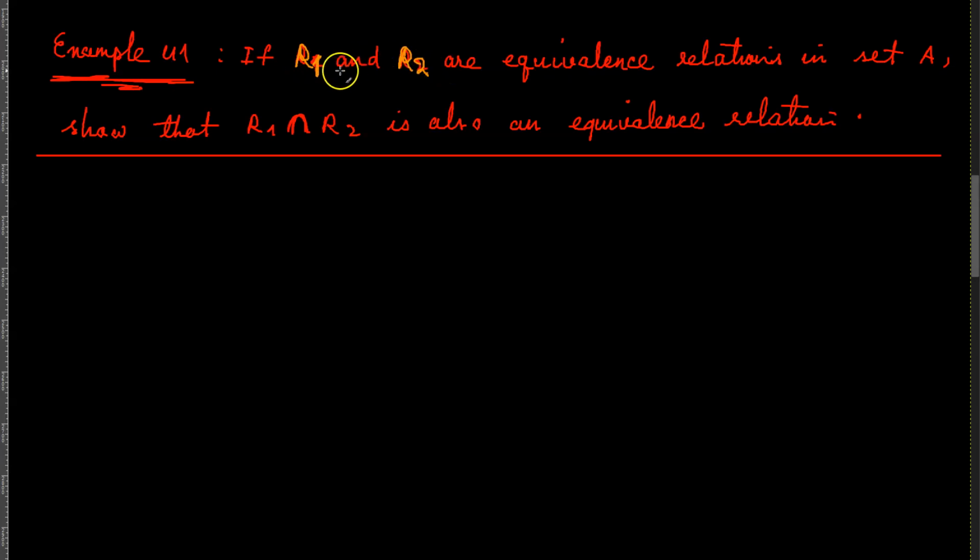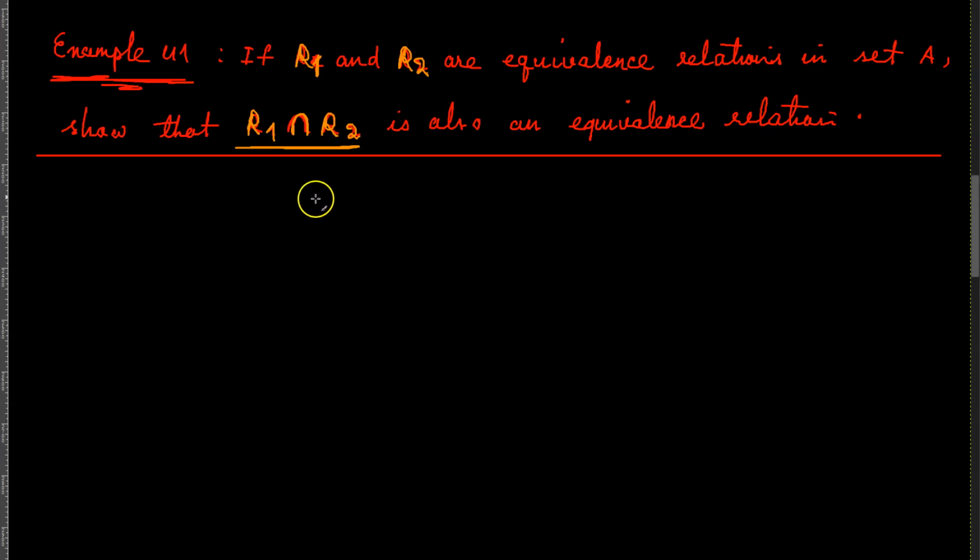Of course, what they have in common is R1 intersection R2, which is all of the elements that R1 and R2 have in common. So that is going to be also reflexive, symmetric, and transitive, meaning that R1's intersection with R2 is also going to be an equivalence relation, right? It makes sense that that is true.